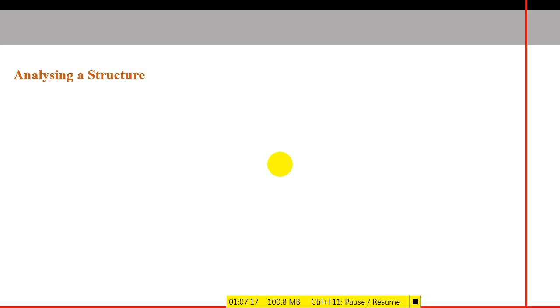If it is indeterminate, you have to choose one of those analysis techniques and then you can analyze the structure. So we are here to learn about analyzing a simple structure, basically a beam. So how to analyze a beam.